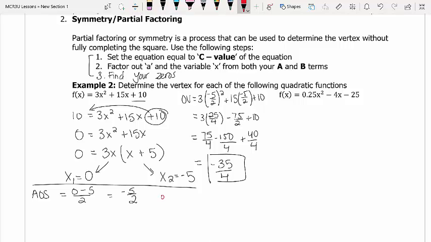Okay, so therefore our vertex is at -5/2 and -35/4.